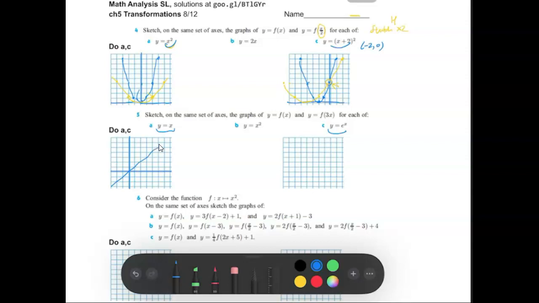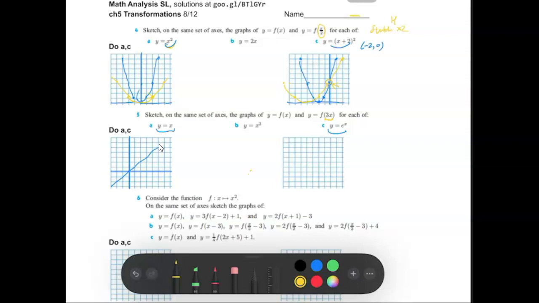And this time I'm going to do a horizontal. Is it going to be a stretch or compression? So 3 is bigger than 1. It's Bizaho world. So instead of getting wider by 3, it's going to get narrower by 3. So it's going to be like a stretch by a factor of 1/3 or a compression by a factor of 3.